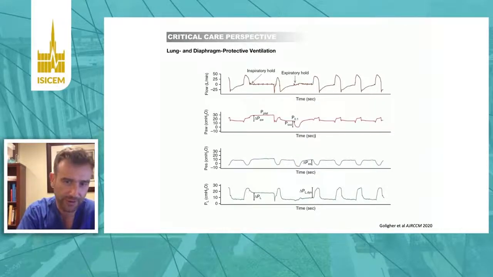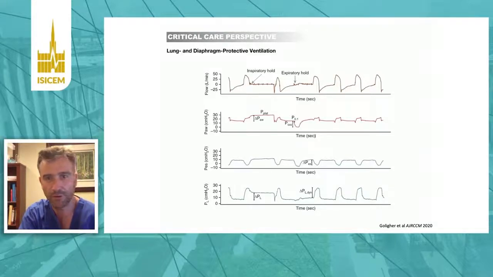Essential to this undertaking, to doing lung and diaphragm protective ventilation, is improved and targeted respiratory monitoring. And in particular, because optimizing respiratory effort is central to this project, we need to begin monitoring respiratory effort. And there's a range of ways of doing this available to us already.